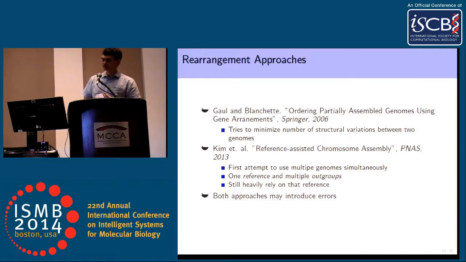But it still heavily relies on this one reference. And both approaches sometimes make errors in the presence of rearrangements. And maybe if we use multiple references, we can reconstruct the assembly more accurately. And we were working in this direction. And now I will tell you how to make a reference-assisted assembly with multiple references.